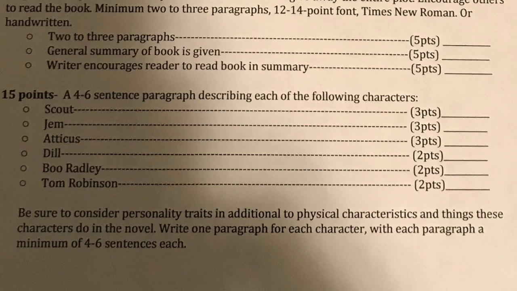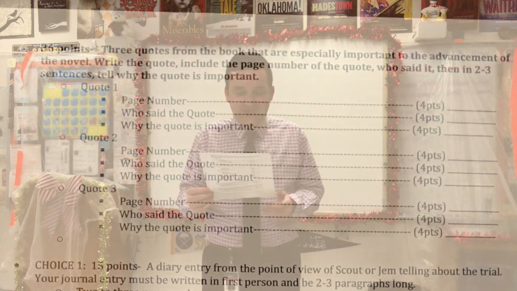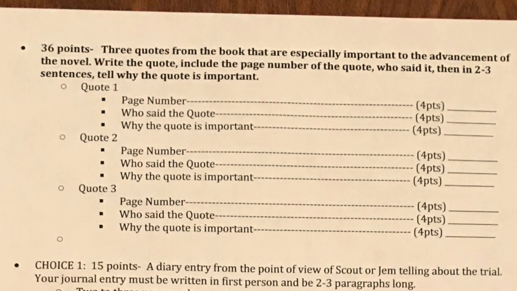The second part of checkpoint number 2, what I need to see from you next Monday the 14th or next Tuesday the 15th, is the quotes section of this literary portfolio. Start again with the Regents classes. If you're in one of my Regents classes, you need to find 3 quotes from the novel that are especially important to the advancement of the novel.